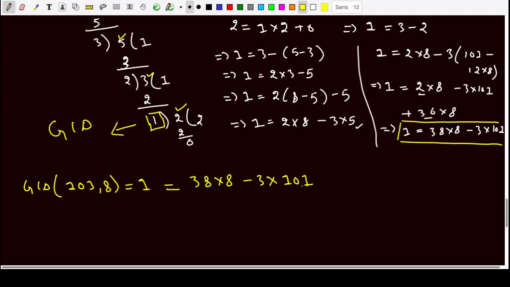Here the value of x is minus 3 and y equals 38, and these are the additive inverses.